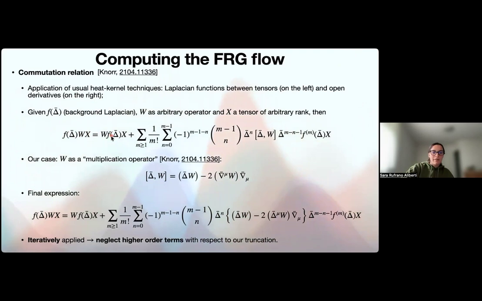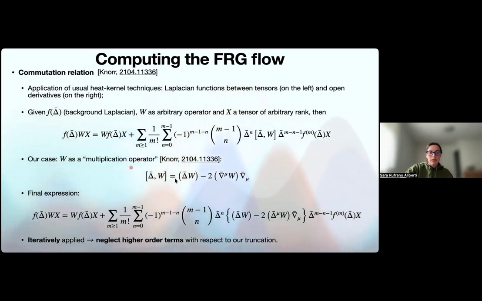But moving f, of course, it's not the end of the story because we need to take into account the commutation relation between W and the function of the Laplacian. Now, in our case, we needed the commutation relation in the case of W as a multiplication operator in the sense given by Benjamin in his paper.